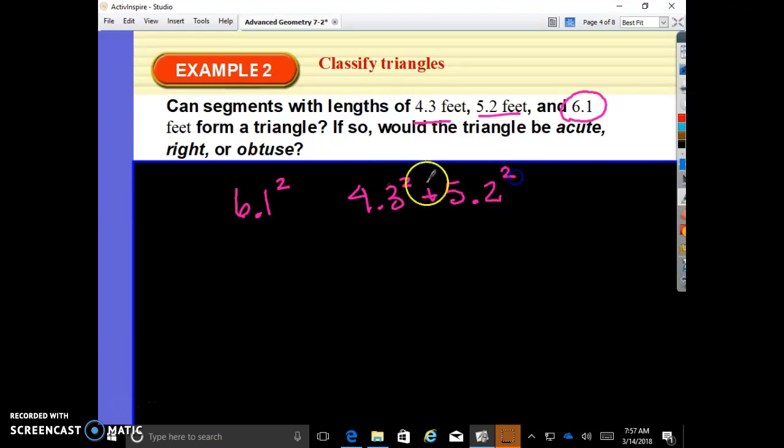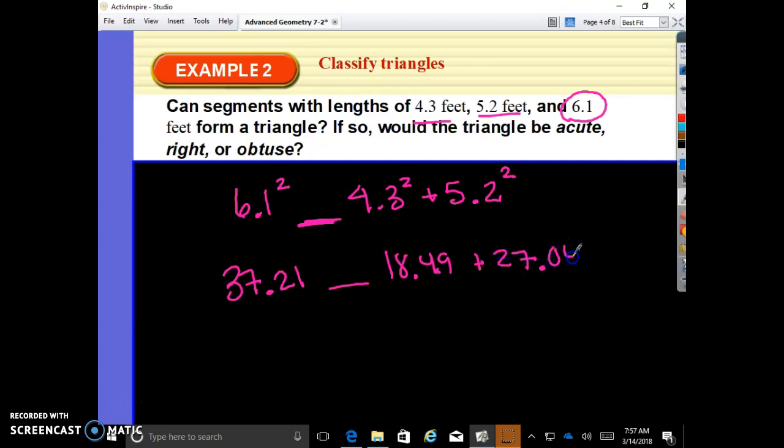So we basically set it up for Pythagorean theorem, but we don't know what symbol goes here until we do the math. So 6.1 squared is 37.21. 4.3 squared is 18.49. 5.2 squared is 27.04.